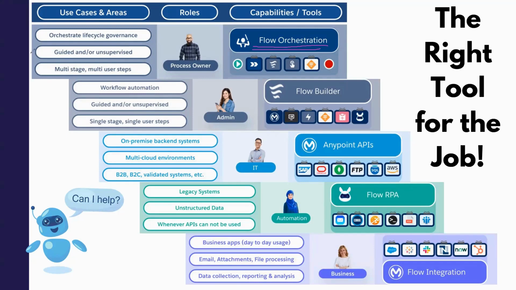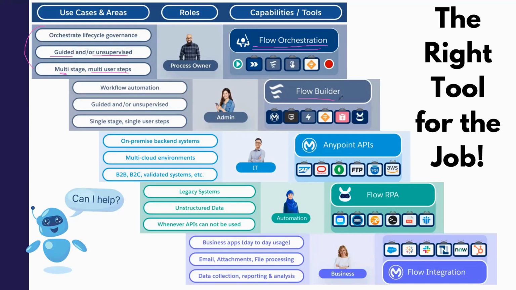Flow orchestration helps you to do the multi-stage, multi-step, multi-user step, either guided, which means that it would be an interactive step, or unsupervised, which is a background step. So depending on what your need is, if you need a department to approve something, then orchestration is going to be involved. Okay. So we will look at some of that.